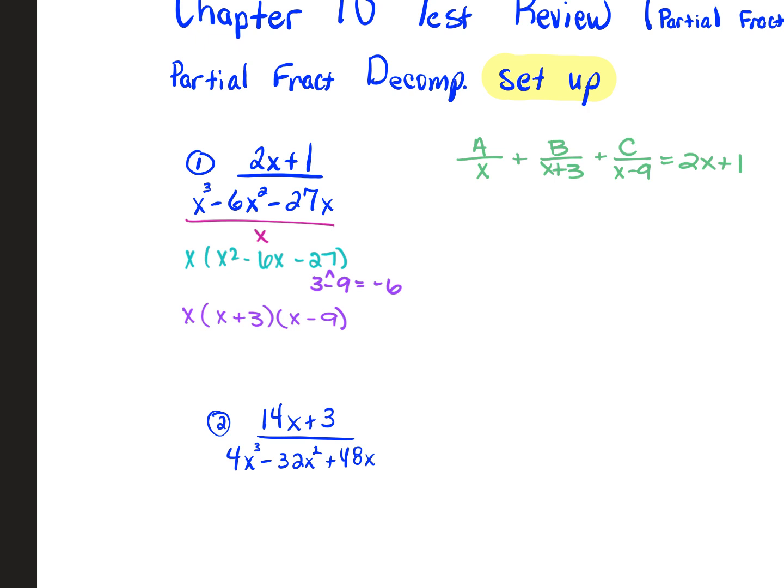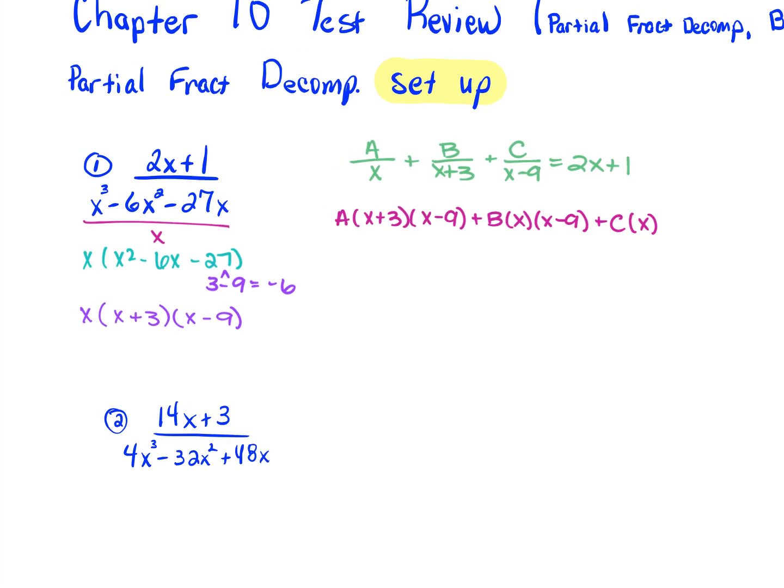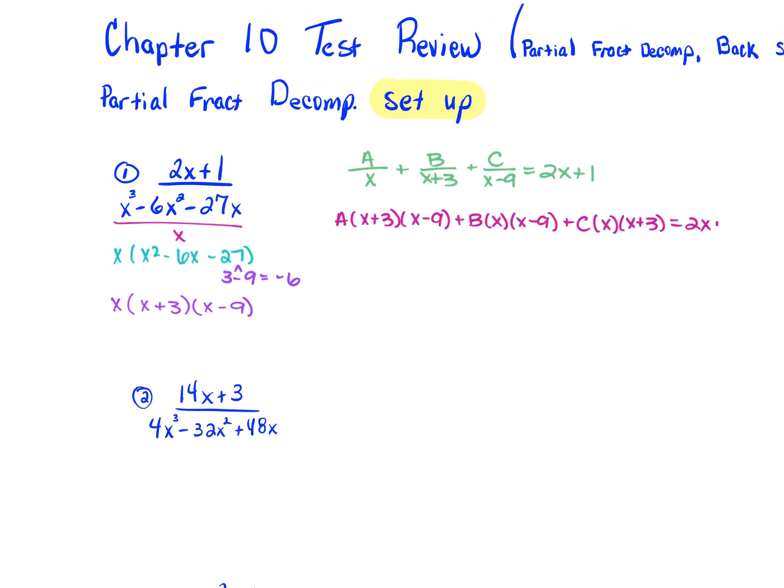So multiply everything except your answer part by your least common denominator. This is going to give you A times x plus 3 times x minus 9 plus B times x minus 9 plus C times x plus 3 is equal to 2x plus 1.